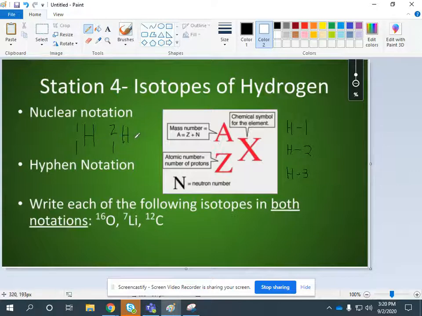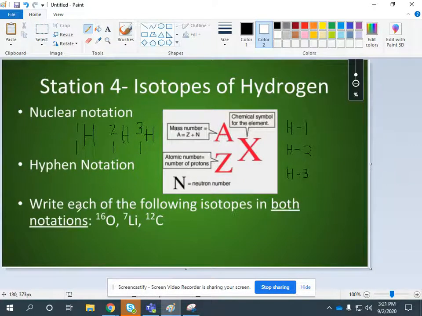Notice the symbol is the same, the atomic number is the same, but the mass numbers differ if we compare these two isotopes. The final nuclear notation for hydrogen is the same process. I write the symbol for hydrogen, which is big capital H. Tritium has a mass number of 3, so I write 3 on top, and an atomic number of 1, so I'm going to write 1 on the bottom.